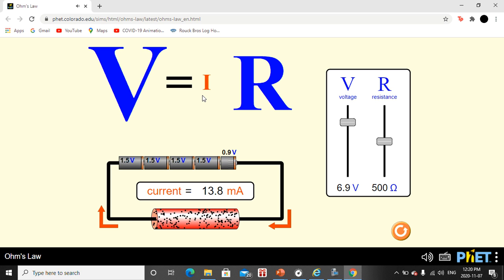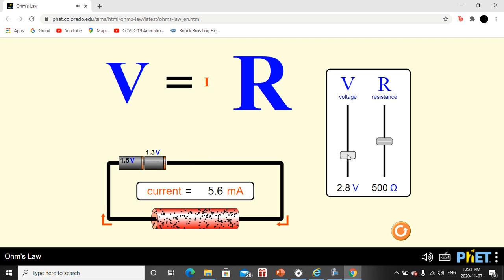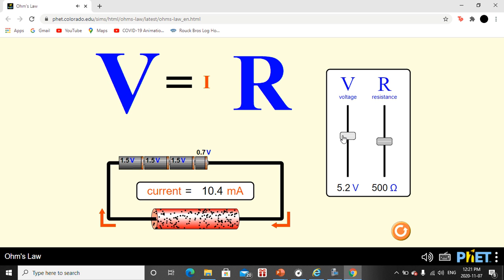The I is getting bigger. We're not changing the resistance. That doesn't change at all by increasing the voltage, but it does change the current. And if I do the opposite, if I decrease the voltage, then we can see that the current goes down. So that tells us that there is a direct relationship between voltage and current. The higher the voltage, the higher the current is going to be.